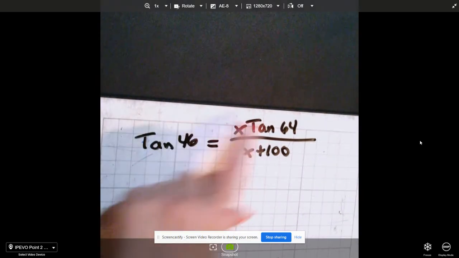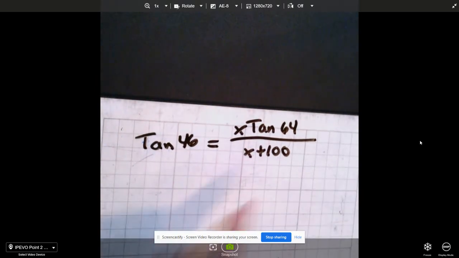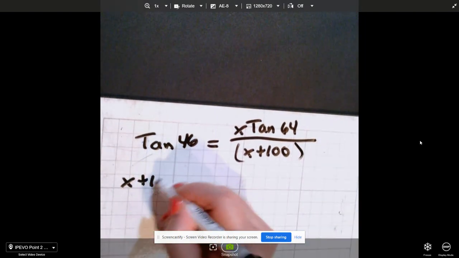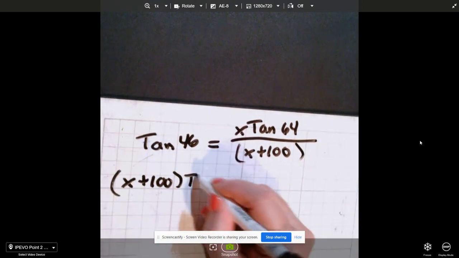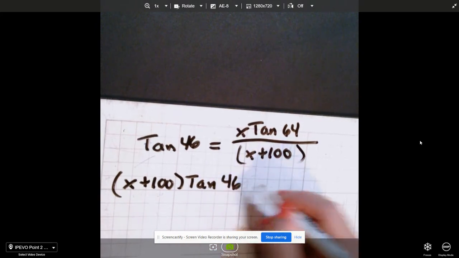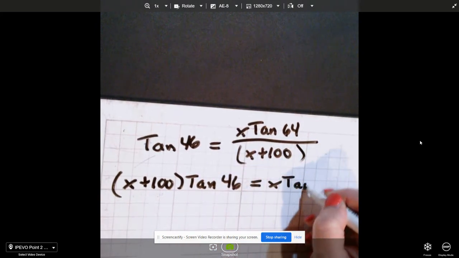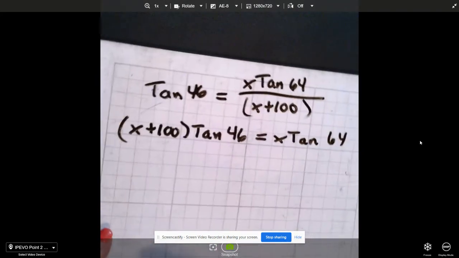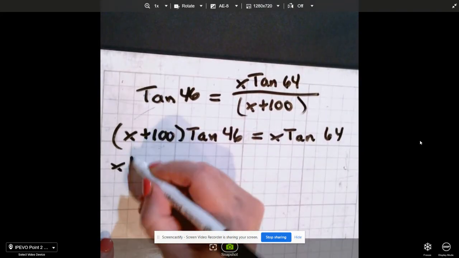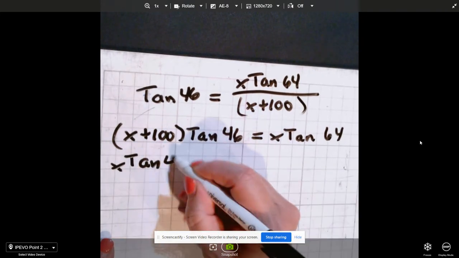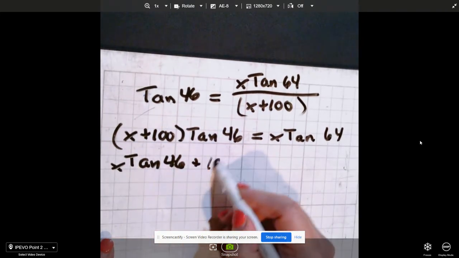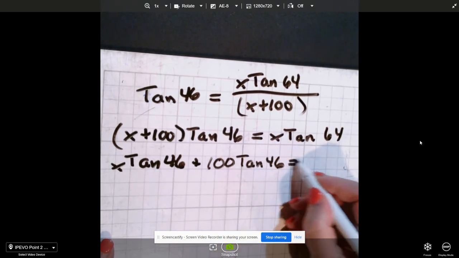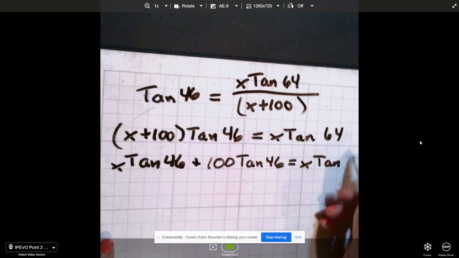Again, I need to cross multiply in order to solve this, or just multiply through by x plus 100. So I'll have x plus 100 times the tangent of 46 equals x times the tangent of 64. I'm going to distribute here. So I'll have x times the tangent of 46 plus 100 times the tangent of 46 equals x times the tangent of 64.